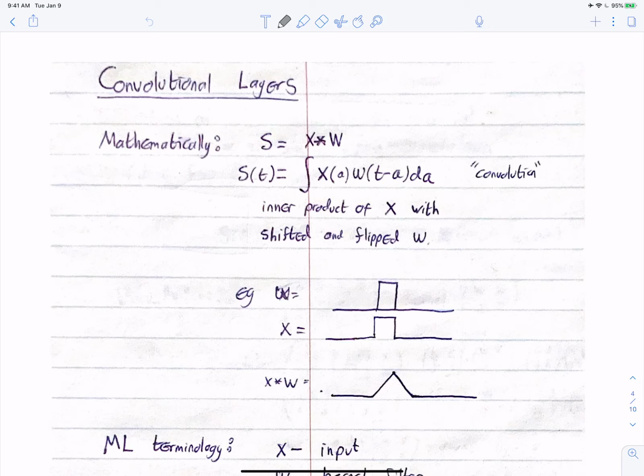So this is literally a convolution, and this, in a sense, is the inner product of x with a shifted and flipped w. Notice that it's w of t minus a, and that's the source of the flipping.